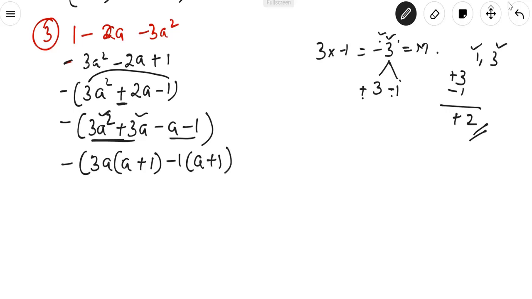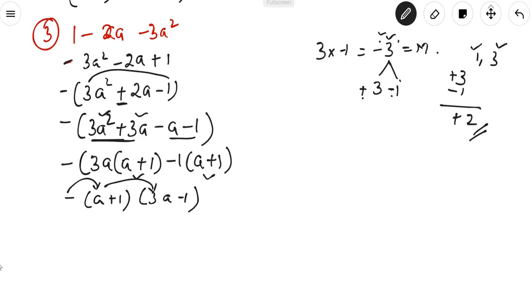Okay, so now in this I'm going to take common. This is common, and this is common. So minus, as it is, I'm going to write a plus 1, and one more value is 3a minus 1. Now if I want, I can stop here, or I can rewrite one more equation here. So this one I can multiply with this equation, or I can multiply with this term.